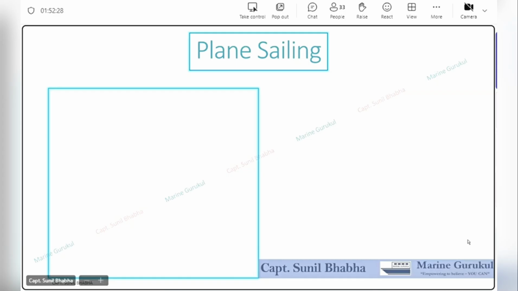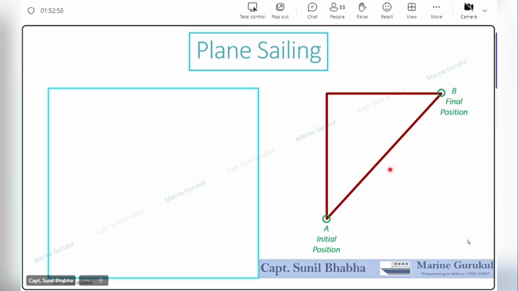Let us try to understand it using a diagram. Let's assume that the vessel is at this particular position represented by A. This is our initial position, and the vessel intends to reach its destination, which is at this particular location. Destination is represented by B, that is our final position. Now we involve these positions in making a right angled triangle. Let us see the right angle triangle.